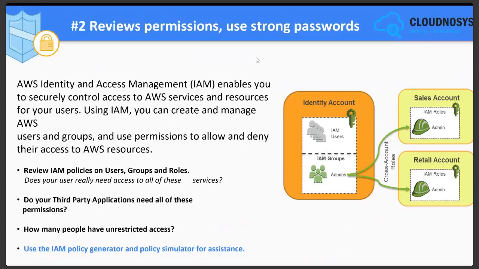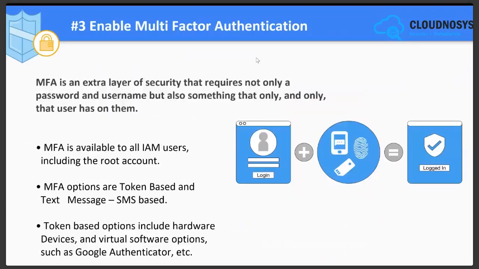So you have to look at that. And how many people have unrestricted access? You need to cut down on unrestricted access. So that's really what it's about. And strong passwords, okay, but now I think multi-factor authentication is coming in very heavily. That kind of defeats this strong password process.